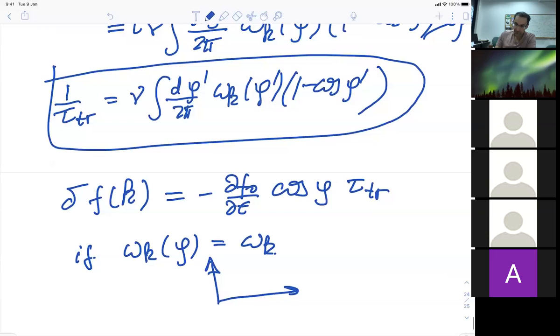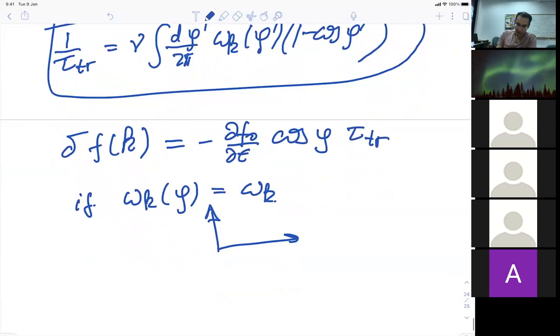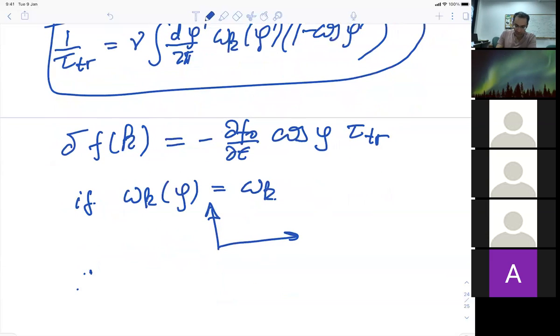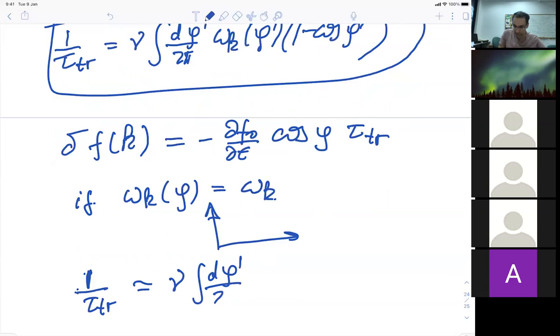Then in this case, 1 over tau transport becomes mu integral over d phi prime over 2 pi Wk. So it is just mu times W.